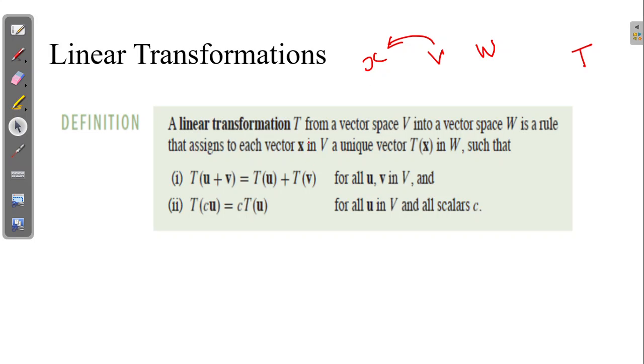So this linear transformation is a rule that assigns to each vector x in V, a representative, arbitrary vector x, another unique vector, and that is represented as T of x.